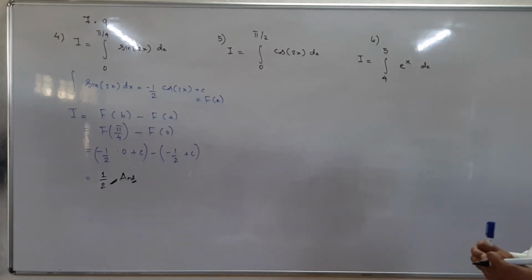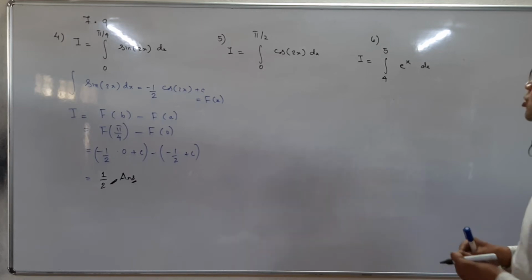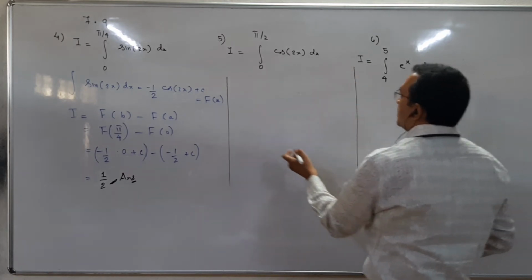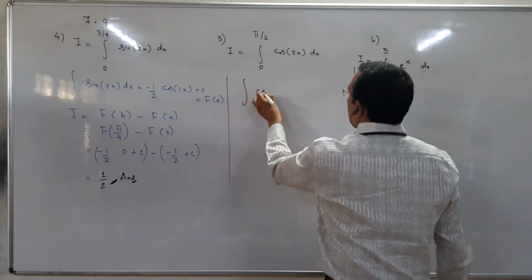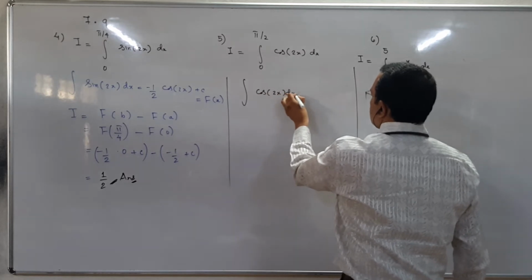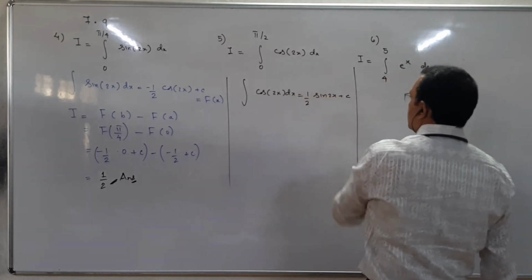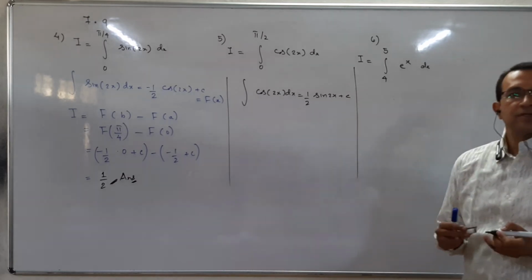Now, students, the fifth sum, integral 0 to pi by 2. So first of all, I am operating the indefinite integration cos of twice x dx is equal to 1 by 2 sine of 2x plus c.